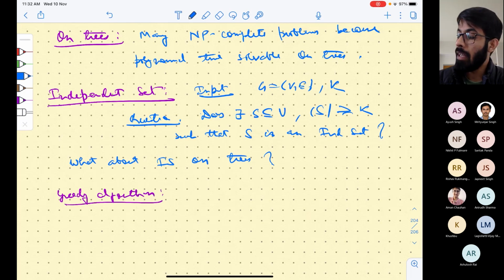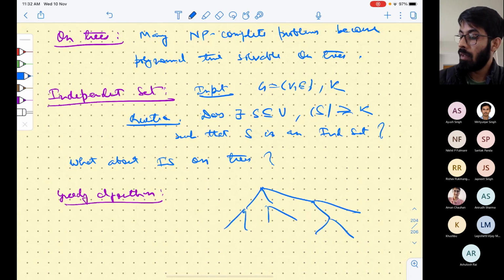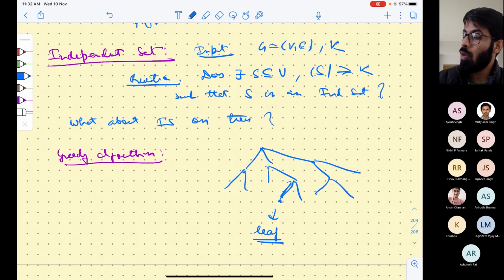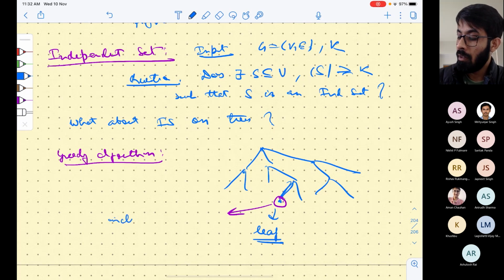And what is the idea? Okay, you have a tree and you have a leaf. Suppose you want to include this leaf. Which vertices get blocked by it? Call it V, call its neighbor U. So U gets blocked, right?